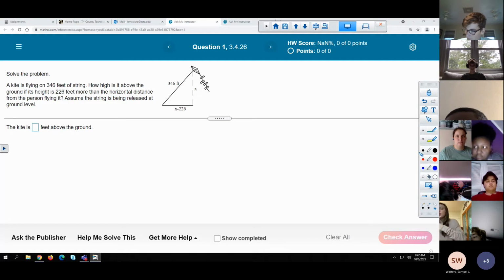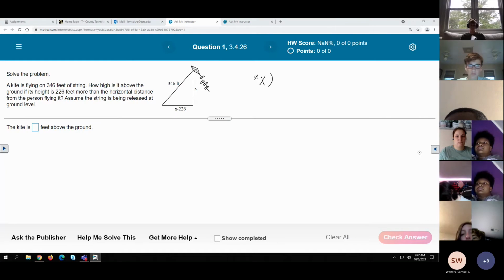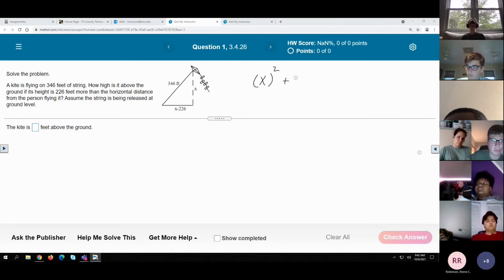Pythagorean theorem. X squared plus x minus 226 squared is equal to 346 squared. Didn't we do this the other day? I think we did.